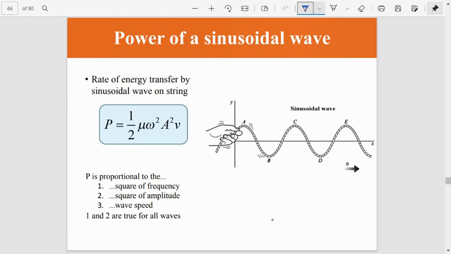The formula for power, again, that's in units of watts, which is the same as 1 joule per second. So note the formula then requires us to know the linear mass density of the string here, mu, the angular frequency of the wave, the amplitude of the wave, as well as the wave speed.